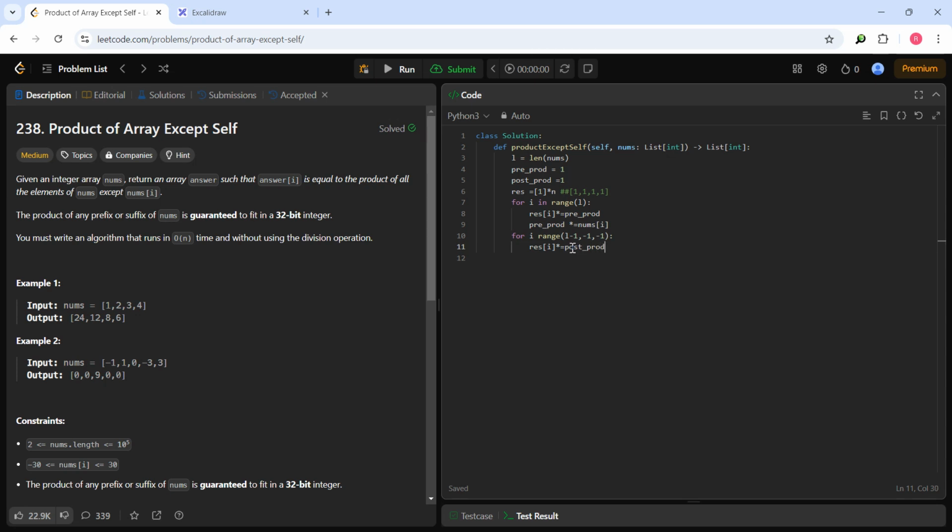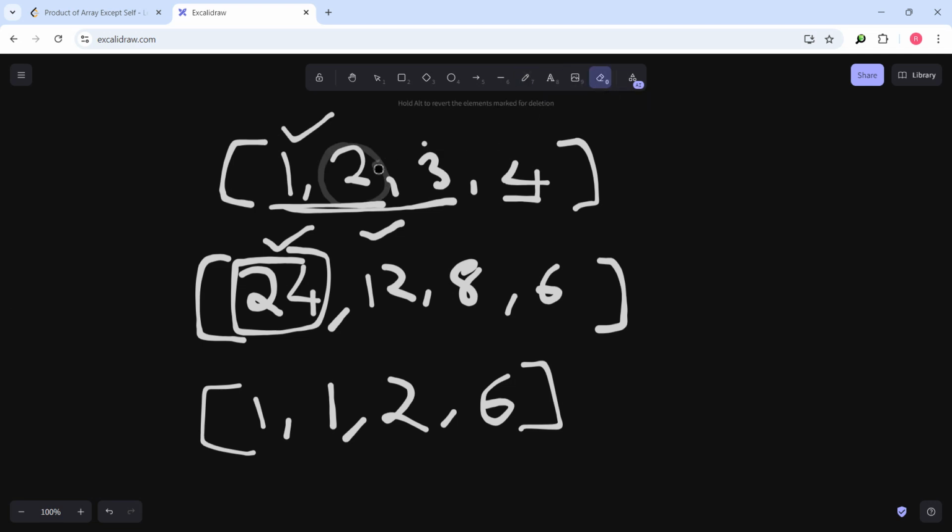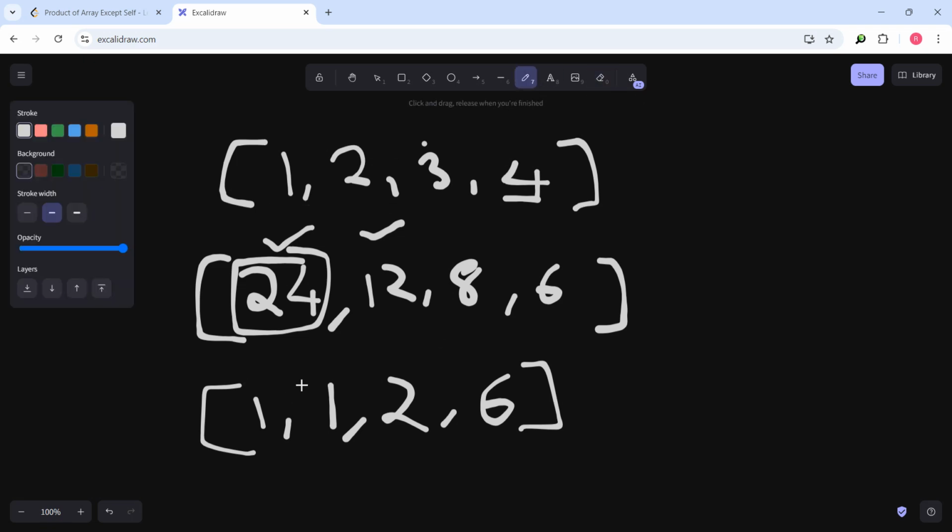Post-prod. Then we will update our post-prod. Post-prod times equals nums at i. So when we do this, we are multiplying each number with the post product as well. So what happens in our loop during the second iteration?